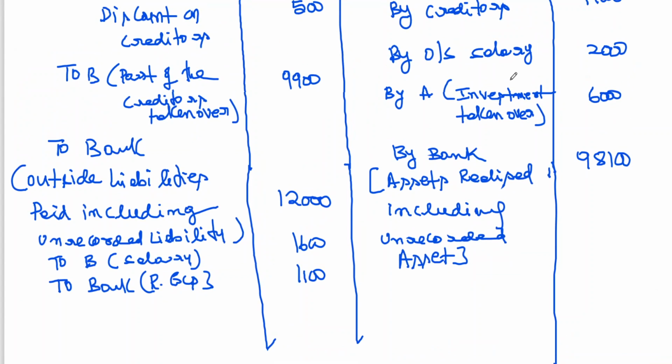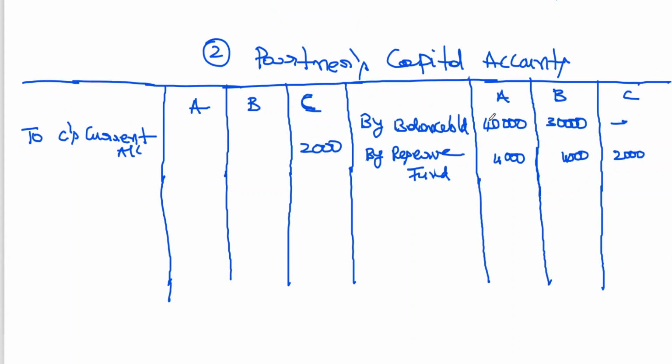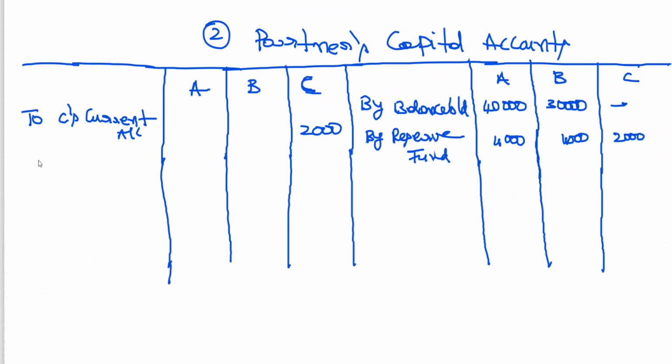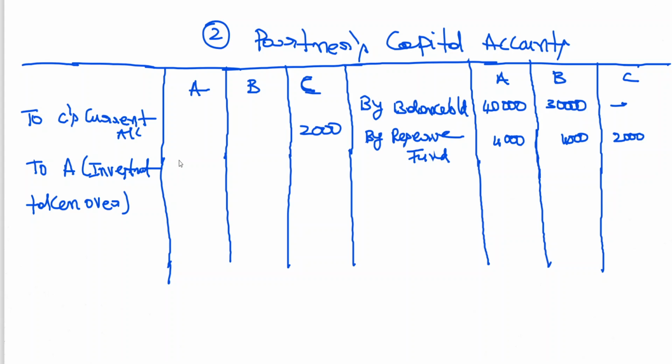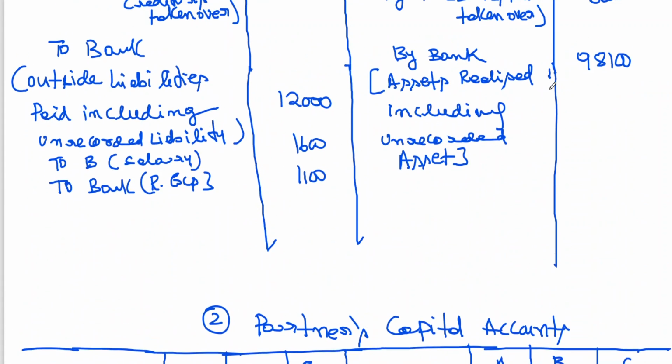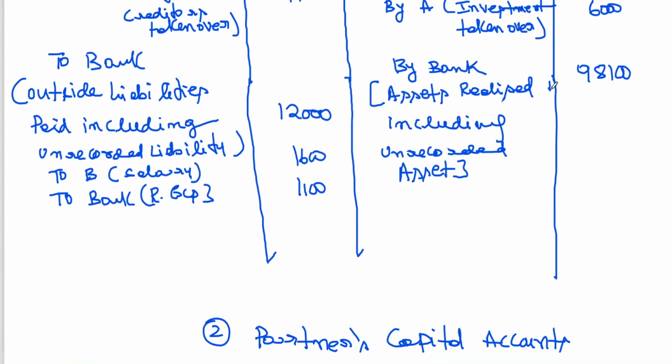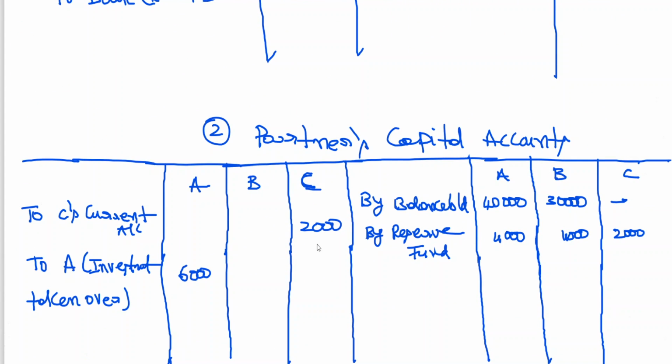I think the investment taken over I should write. So realization to A, investment taken over 6,000.